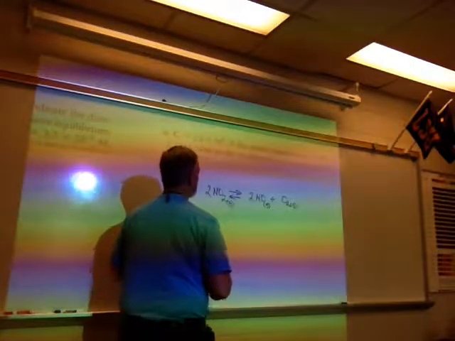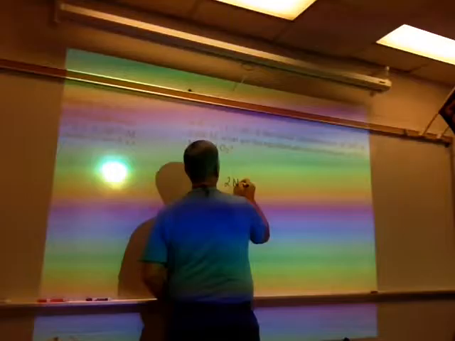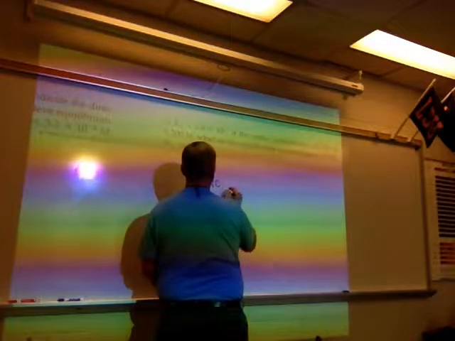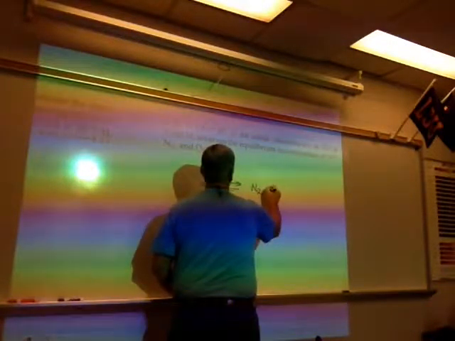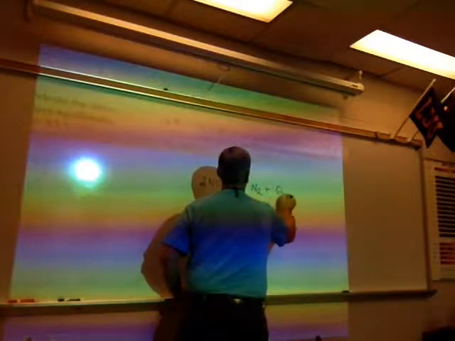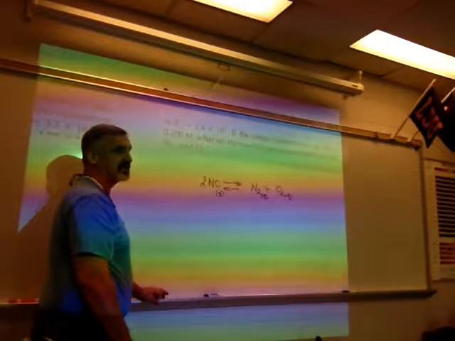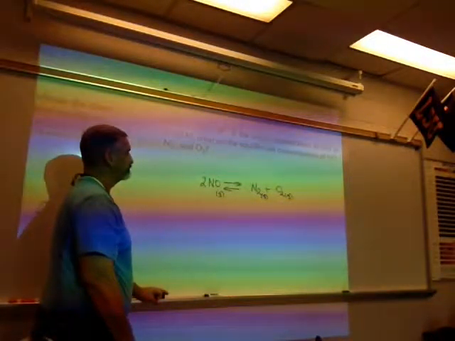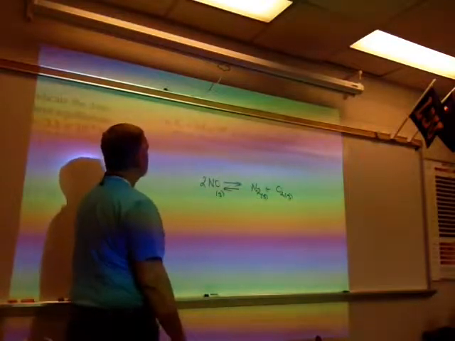It's 2 NO plus O2 goes to... I wrote it backwards. It goes to N2 plus O2. Is that the equation, number 43 down the bottom? Yeah. Okay, I thought it was the other one.